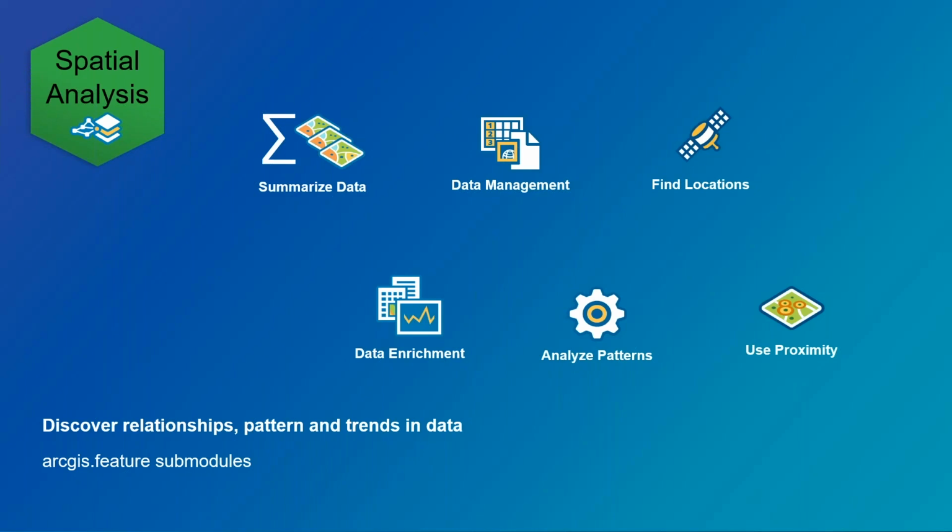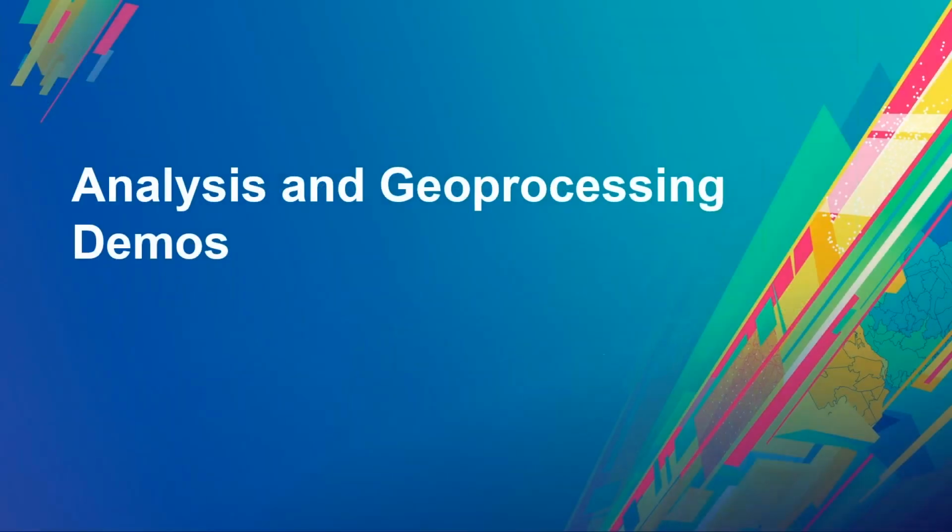In very broad categories, we can summarize, we can enrich our data, and analyze patterns. If you analyze patterns, think hotspot. We can do proximity analysis with buffering. And these results can either be persisted on your enterprise or stored locally.